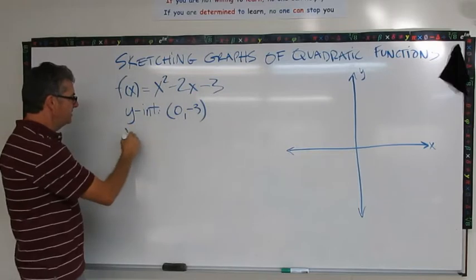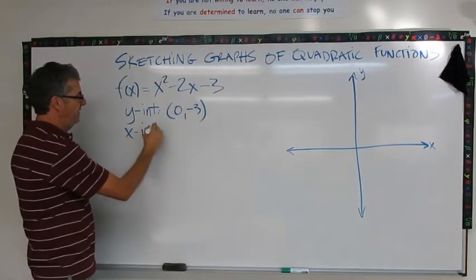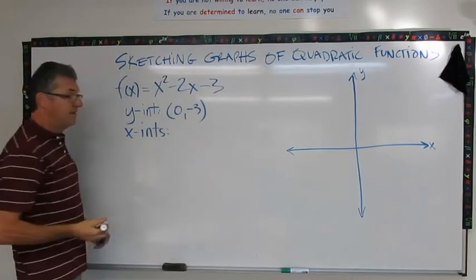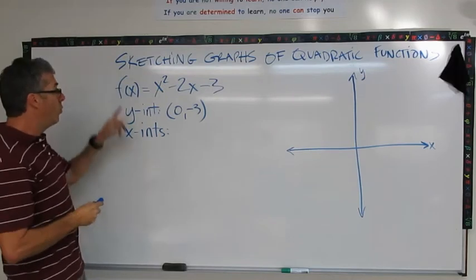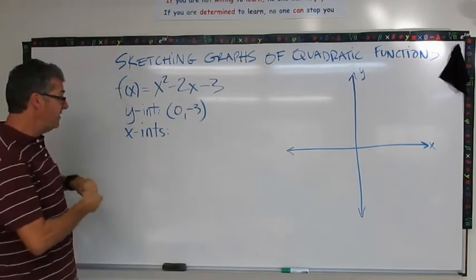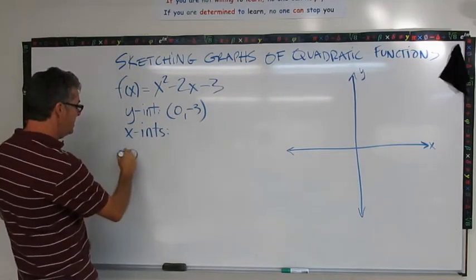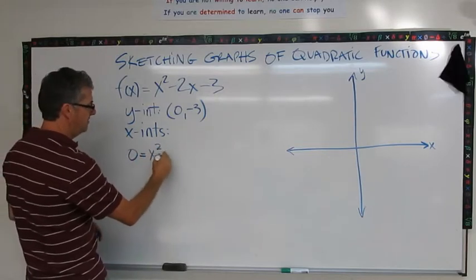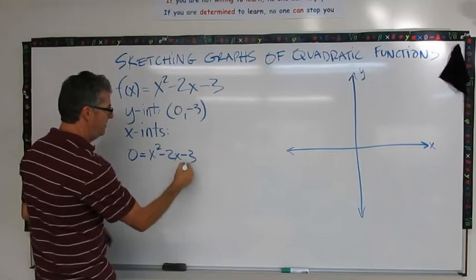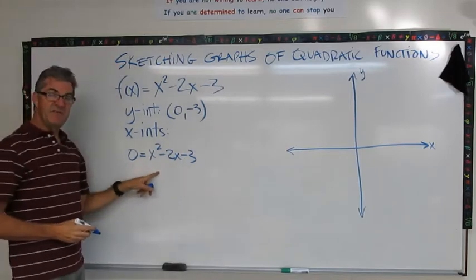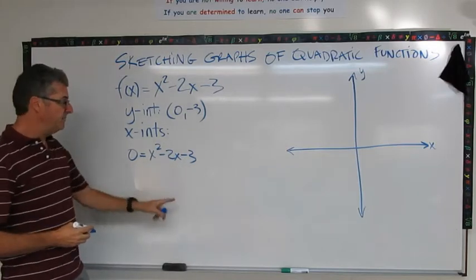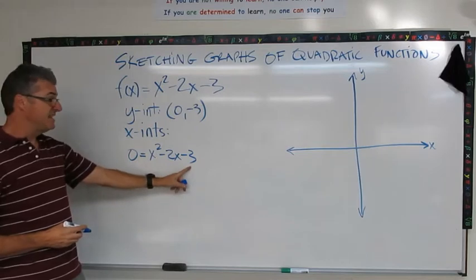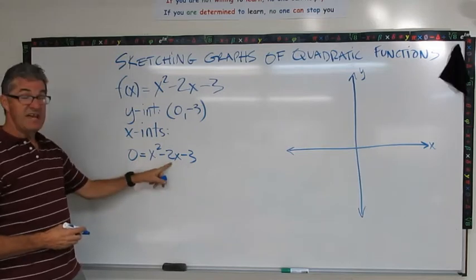Now let's do the x-intercepts. Now the x-intercepts happen when y equals 0. So to find them, what we do is we set f of x or y equal to 0 and we solve. This one is easily factorable. It's a product-sum type. What two numbers multiply to negative 3 that add to negative 2?